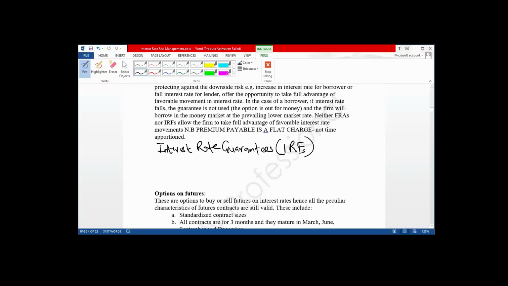The guarantees can be used to fix your rate. Assuming we fix a rate at a guarantee rate of 10%. Our company is planning to borrow money in 6 months' time. We now go into interest rate guarantees that the maximum interest rate we are going to pay is 10%.